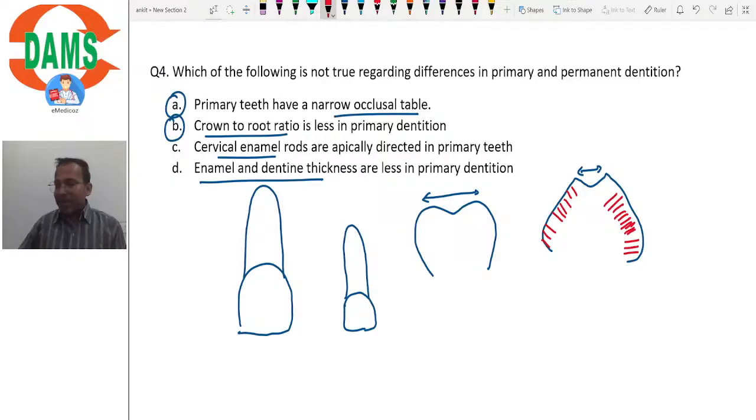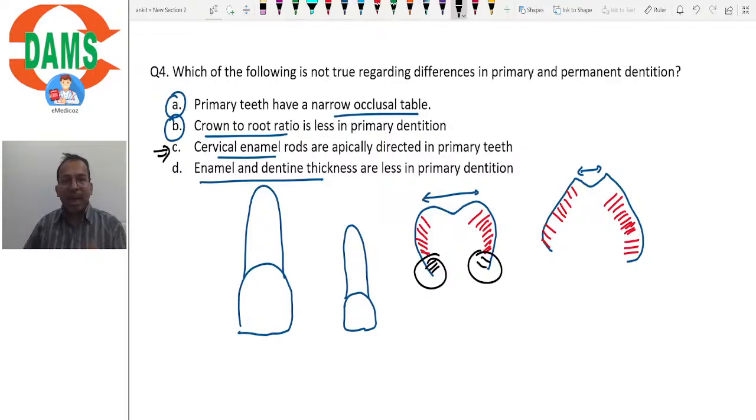But in permanent dentition, while most enamel rods are occlusally directed, the cervical enamel rods are invariably apically directed. So it is the permanent tooth which shows apically directed enamel rods, not the primary tooth. So option C is incorrect, right?